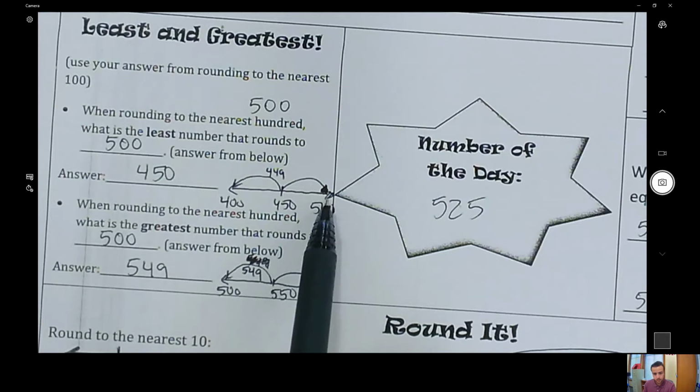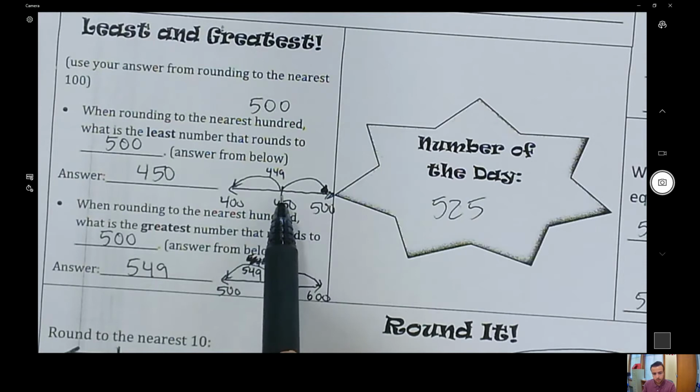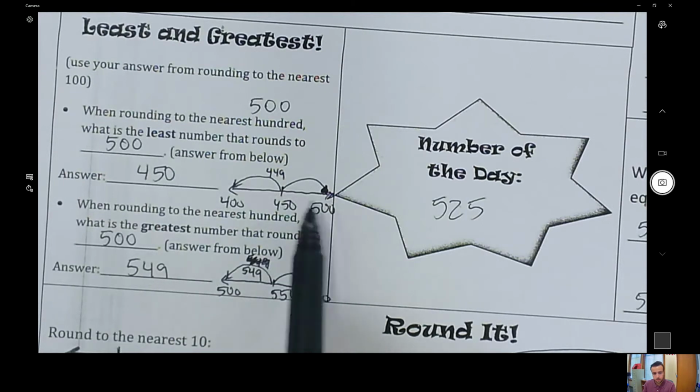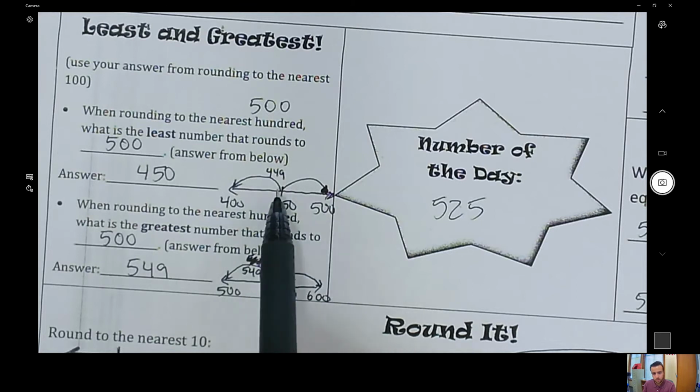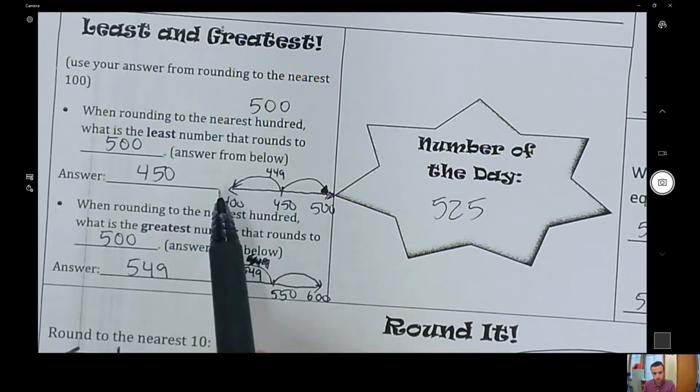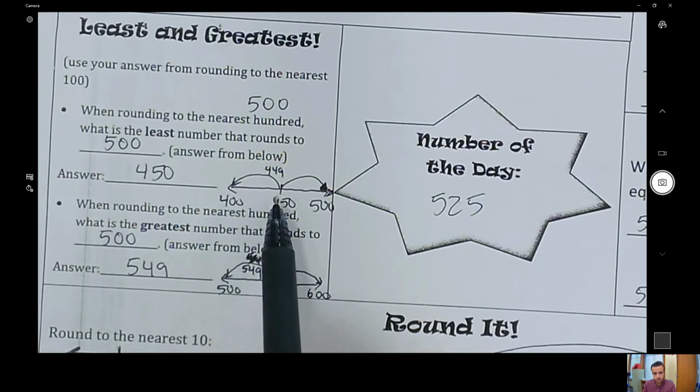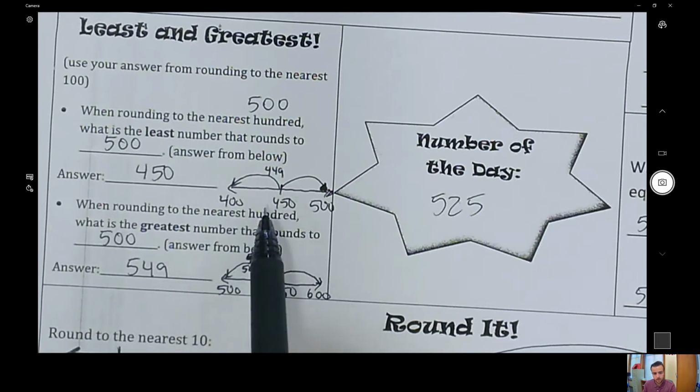If 500 is my target and I'm trying to round up to it and see what the least number is that rounds up to it, well, I know if I'm halfway between 400 and 500, I'm at 450, then I will round up to 500. But if I'm at 449 or below, I'll round down to 400. So the least number that will round to 500 is 450.